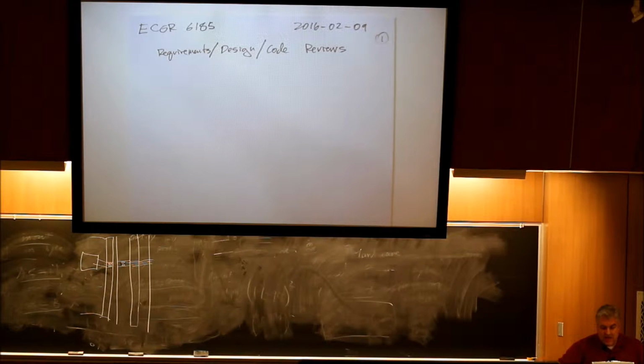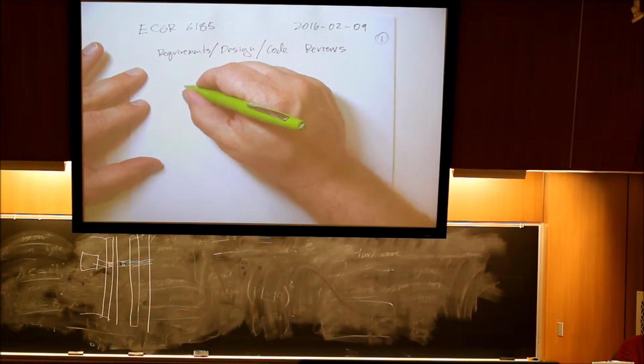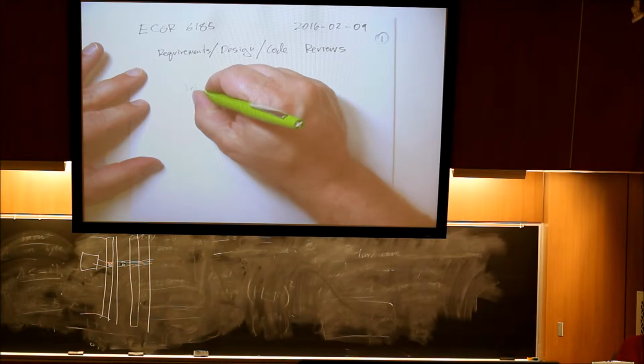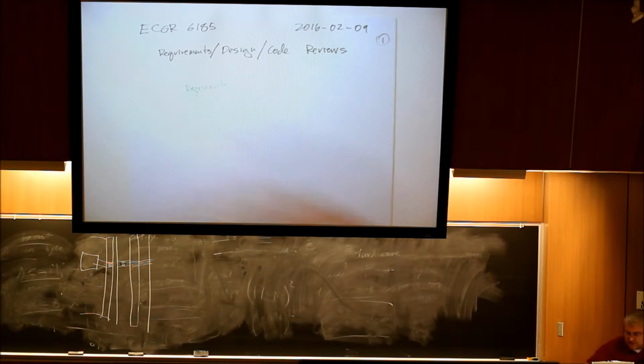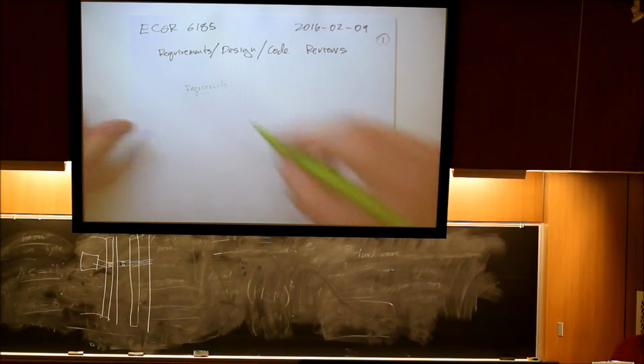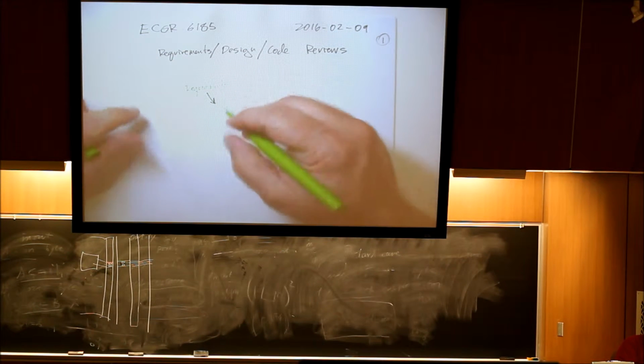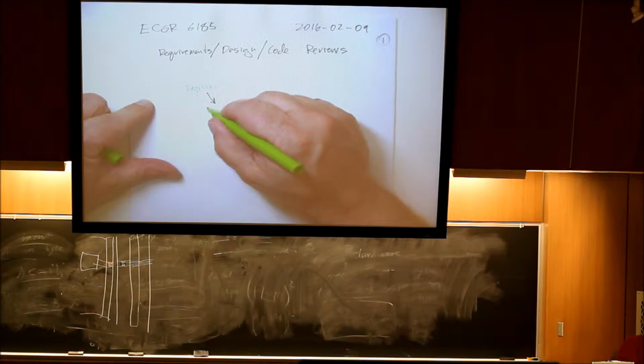So imagine this, and I think I alluded to this in previous lectures. If we use the simple waterfall method, where you have requirements, and that pen is not working good, so let's get another one. And requirements then feed into design.